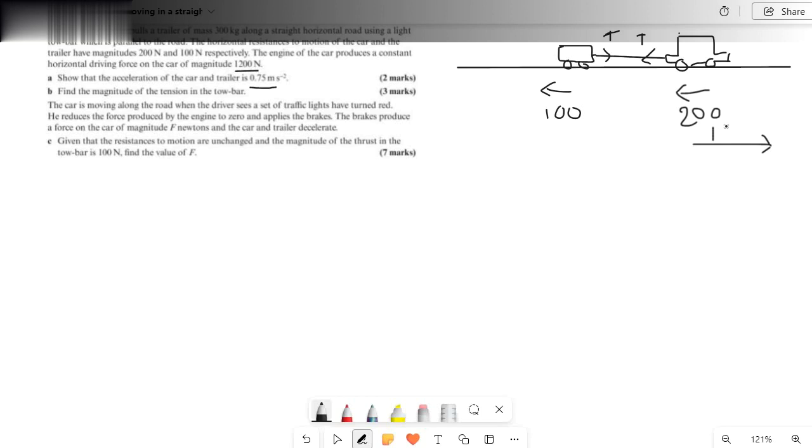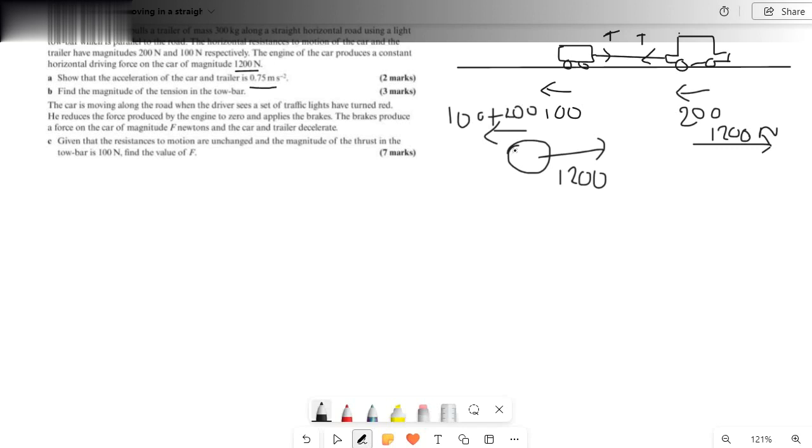So we assume that the whole system is a particle, where this is the net force, the resultant force, which is 1200 acting here, and in the opposite direction we have 100 plus 200 newtons acting.